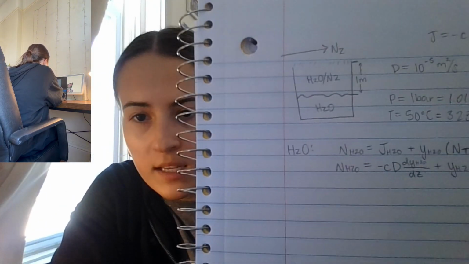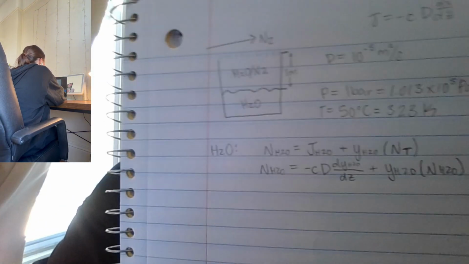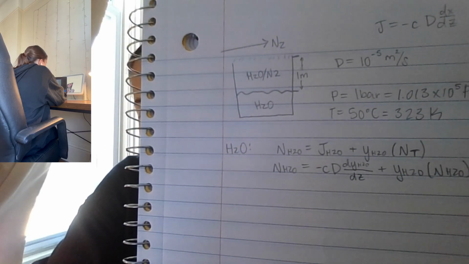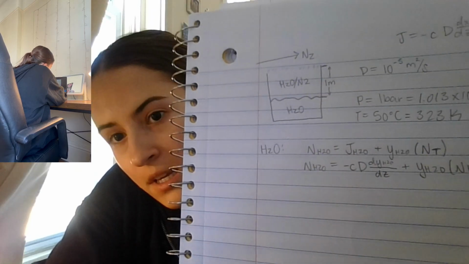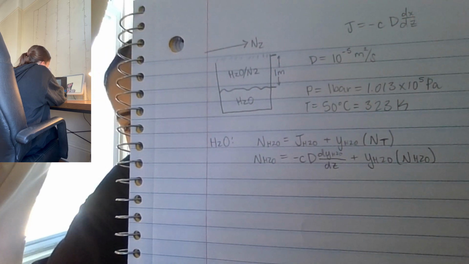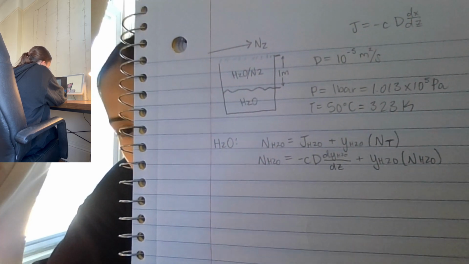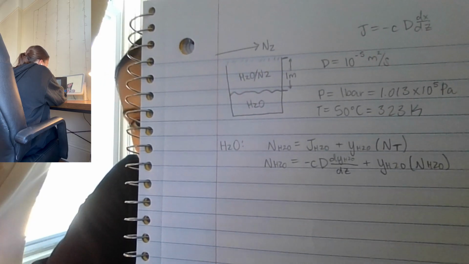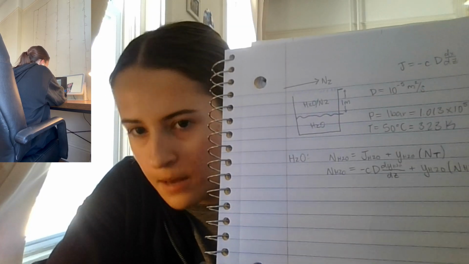So our total flux is just equal to the flux of H2O. So after we substitute all of these things in here, we have that negative CD, change in the molar concentration of H2O over change in position, plus molar concentration times total flux, which is just equal to NH2O once again.